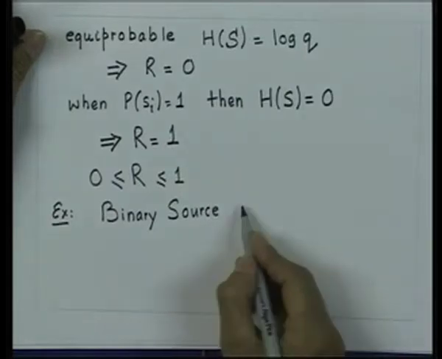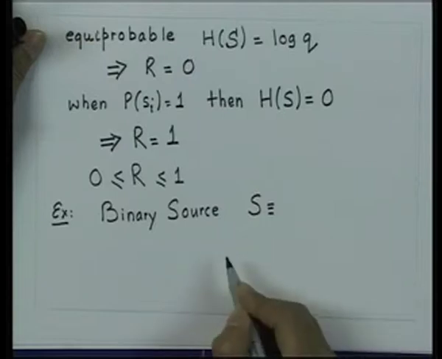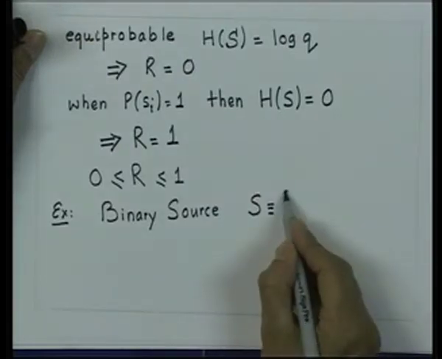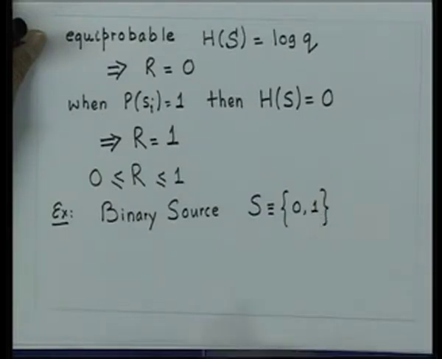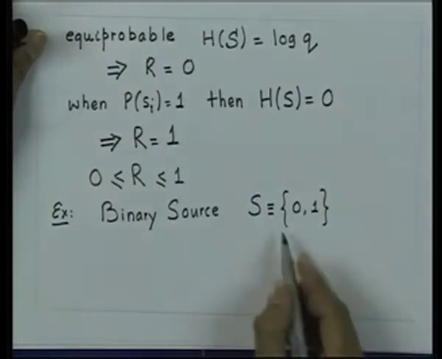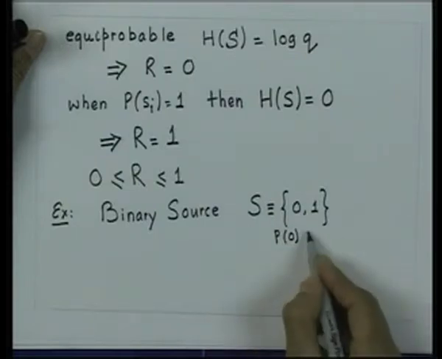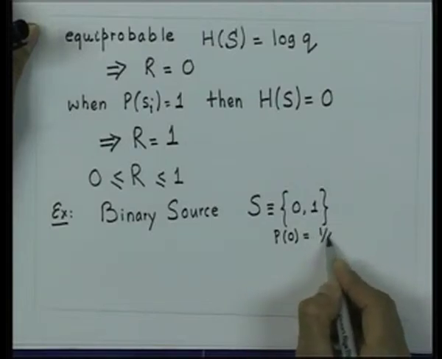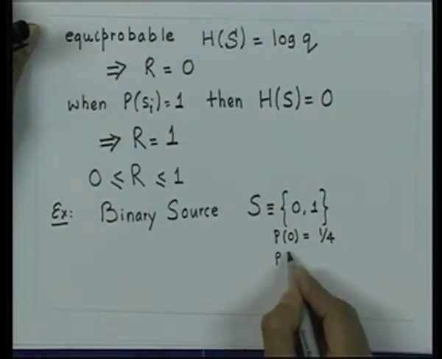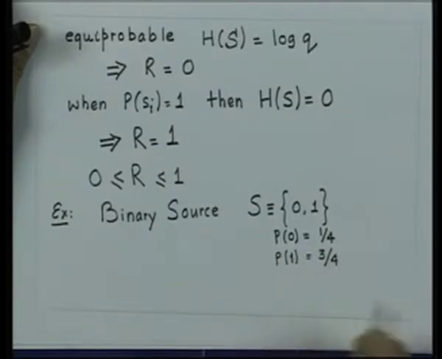Let me assume that binary source alphabet is 0 and 1, and the probability of symbols is given as 1/4, that is the probability for 0, and probability of 1 is given as 3/4.